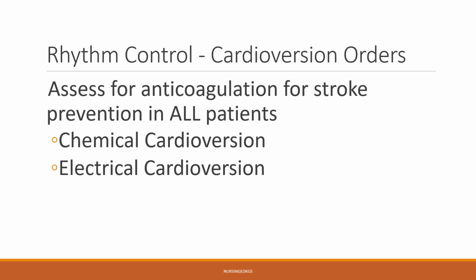Chemical cardioversion involves the administration of antiarrhythmic medications to restore normal sinus rhythm in patients with atrial fibrillation as well as other arrhythmias. Now, these medications work by altering the electrical properties of the heart and suppressing abnormal electrical impulses that do cause arrhythmia.